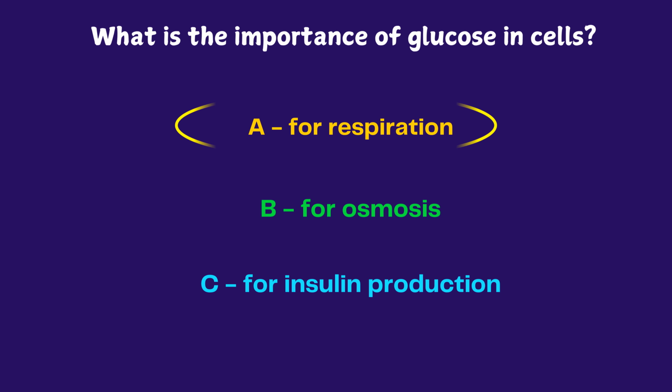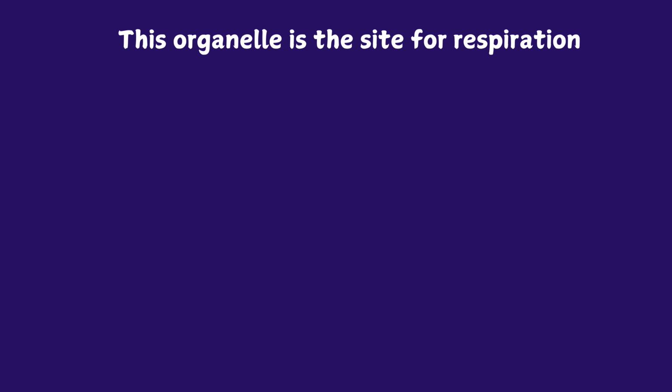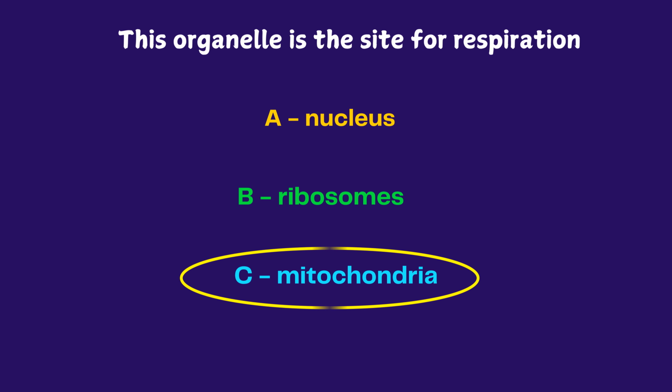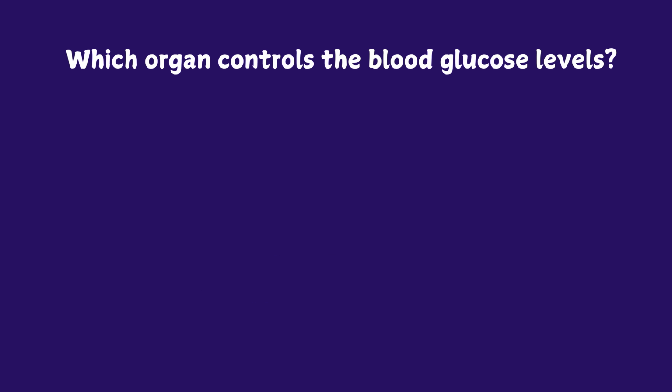The answer is respiration. This organelle is the site for respiration. Is it A, the nucleus, B, ribosomes, C, mitochondria? The answer is mitochondria. Which organ controls the blood glucose levels?